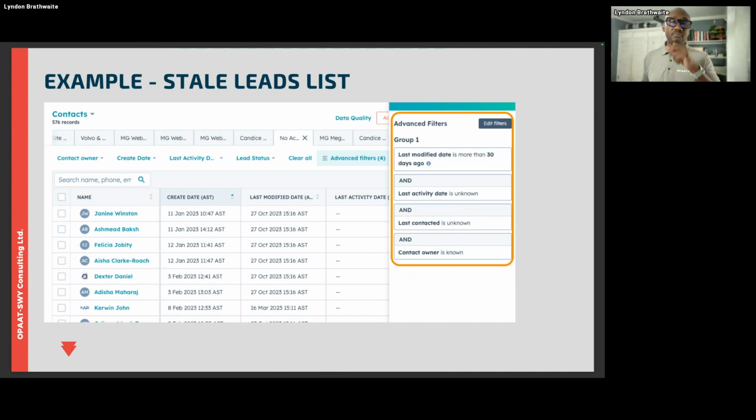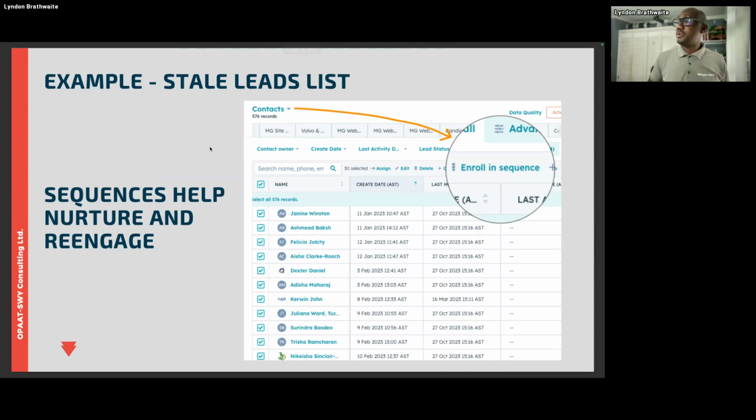Well, one, by putting the filter together, you will notice here that we have, let's say about 576 leads somewhere in this example, all right? So with this, what can the organization then do? Well, if we're looking at it from the automation standpoint, this is where you can take this same list and enroll into a sequence, all right?